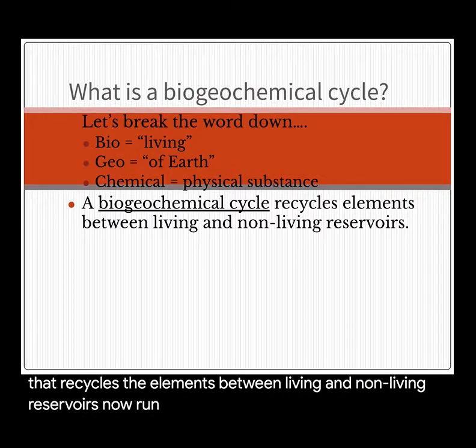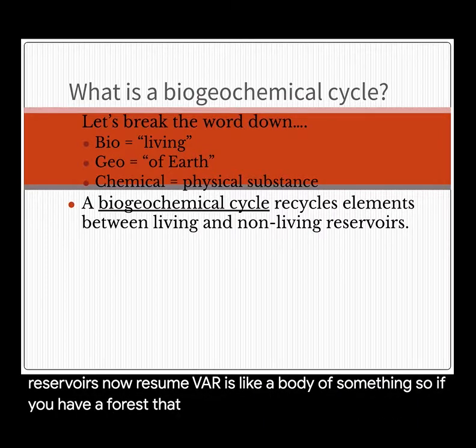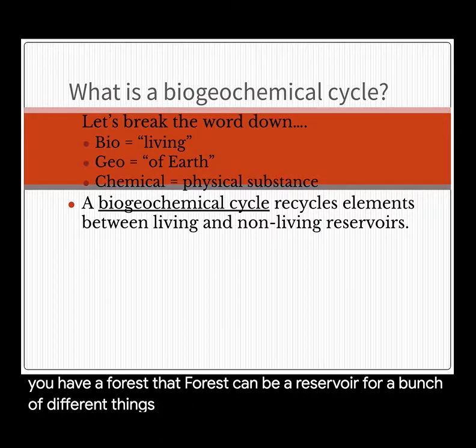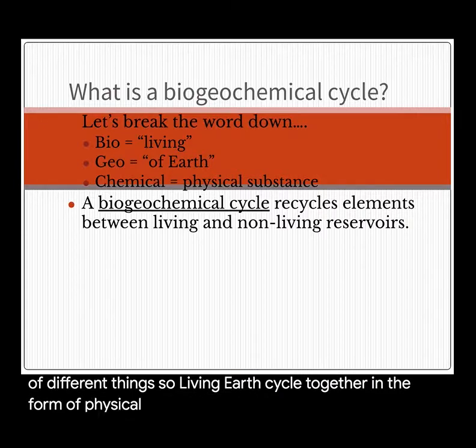Now, a reservoir is like a body of something. So if you have a forest, that forest can be a reservoir for a bunch of different things. So living, earth, cycle together in the form of physical substances.